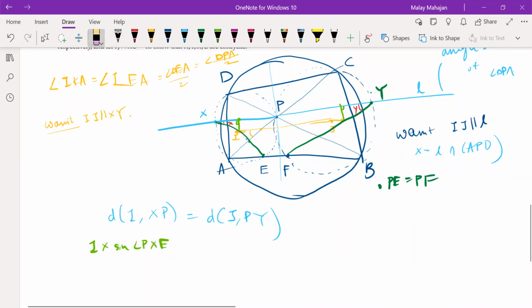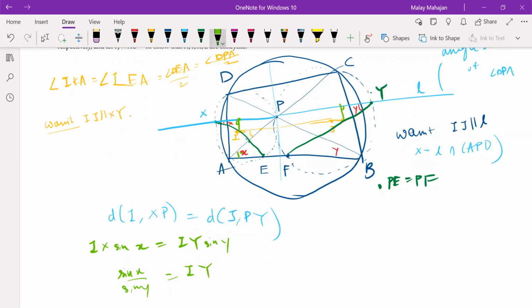You want IX sin x is IY sin y. But angle PXE is this angle, so this angle is x and this angle is y. So you want sin x by sin y is IY by IX.